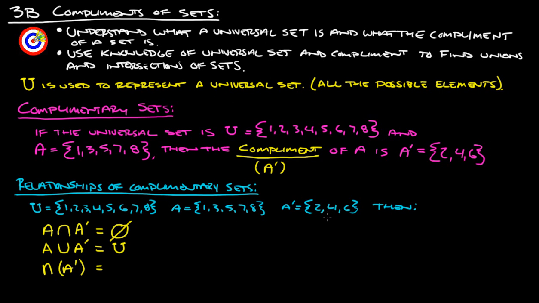So you find the number of elements in the complement by taking the universal set and subtracting all the elements that you used in set A, and that will leave you with the number of elements that you have in the complement of A. So basically it's just the number in the universal set minus the number in set A should always give you the number of elements in the complement.